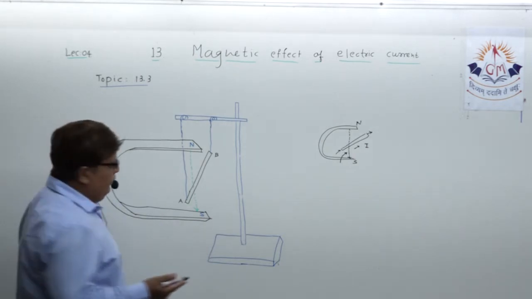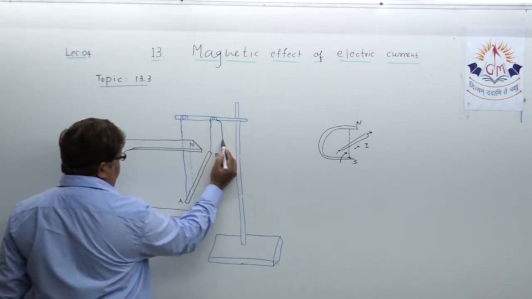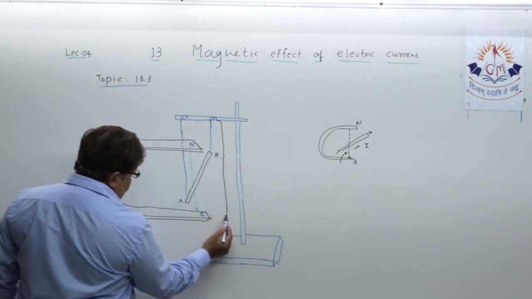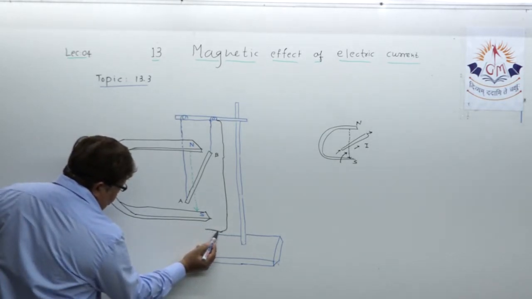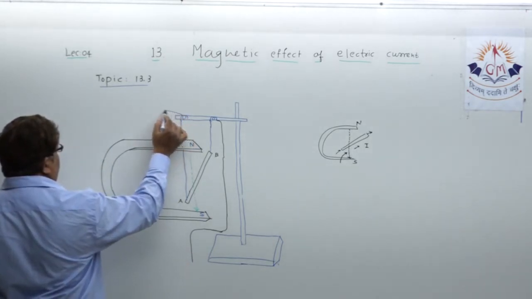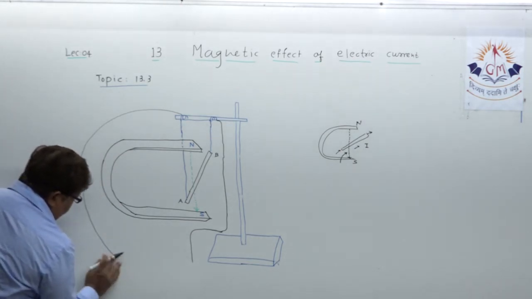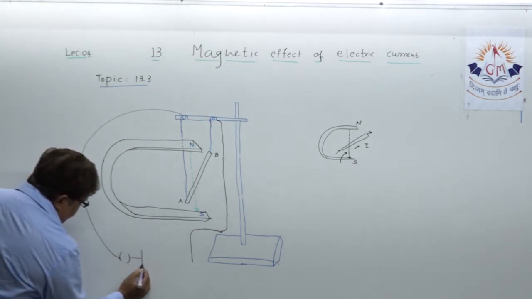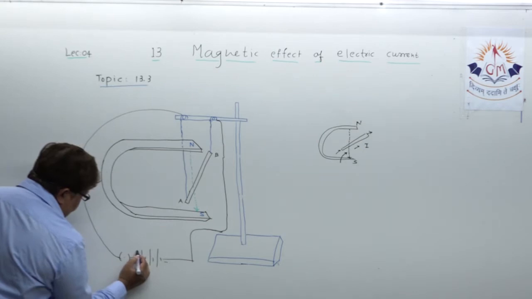So suppose this end of the wire we connect with the battery, and this end is also connected with the battery. Suppose this is the key and this is the battery. This is negative and positive.